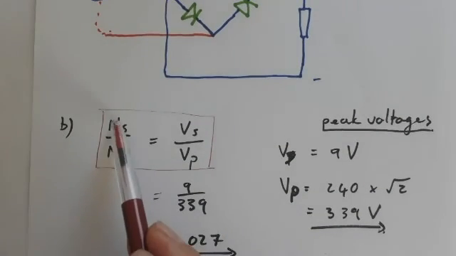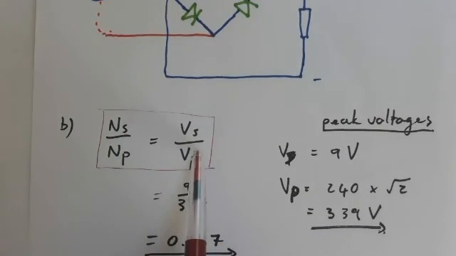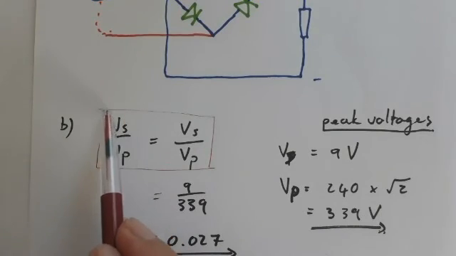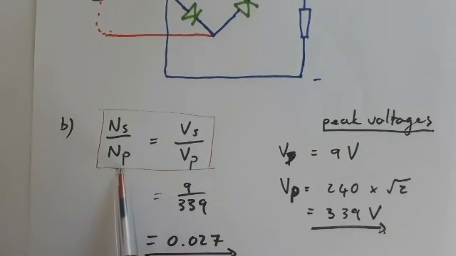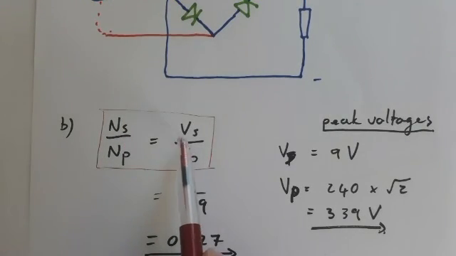And remember the ratio we said we can get from this. If we want the ratio of secondary coils over primary coils, we can get it from the potential difference of the secondary over the potential difference of the primary coil.